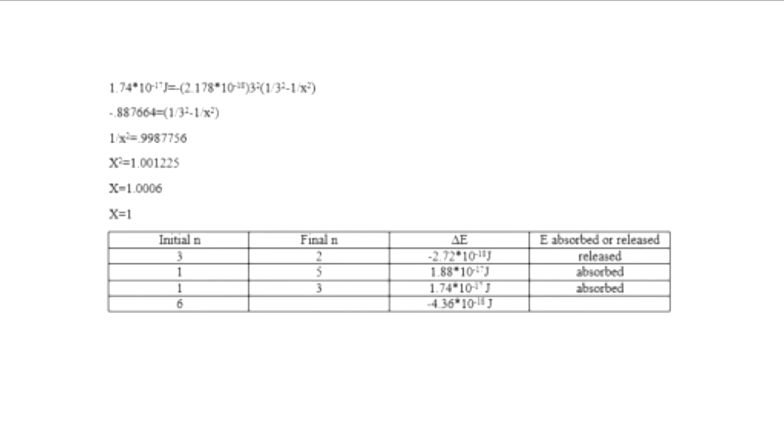Then we must take the square root in order to find x, which is 1.006. And as an approximation, we can say that x equals 1, and this means that the initial sublevel is 1. This means that energy is absorbed because we are going from a lower energy level to a higher energy level, and because our energy output is positive.